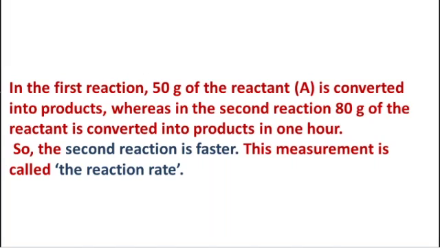In the first reaction, 50 gram of the reactant A is converted into products. In the second reaction, 80 gram of the reactant is converted into products in 1 hour.